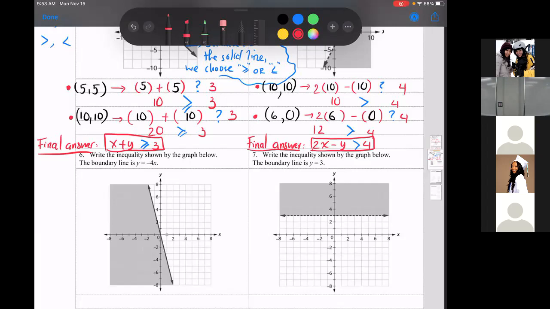So that's how you write it. This one I don't understand. But you pick a point, you do the same thing. See what inequality is. You plug anything.